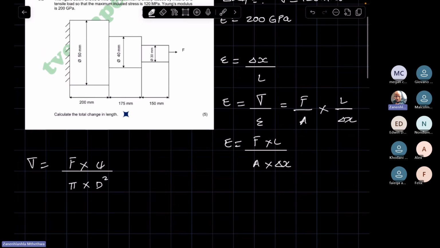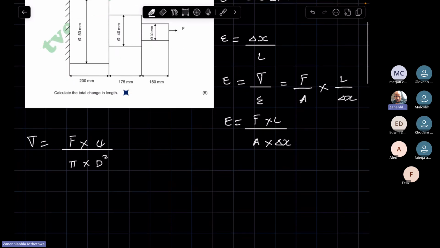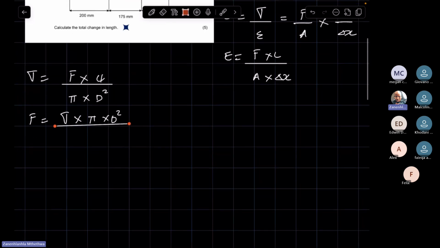And then from here, we solve for F. So we make F the subject. Making F the subject, you will have direct stress times pi times d squared divided by 4.